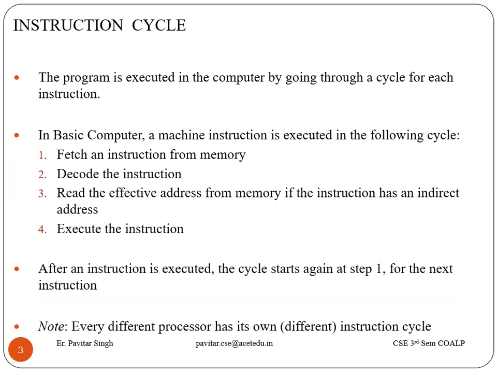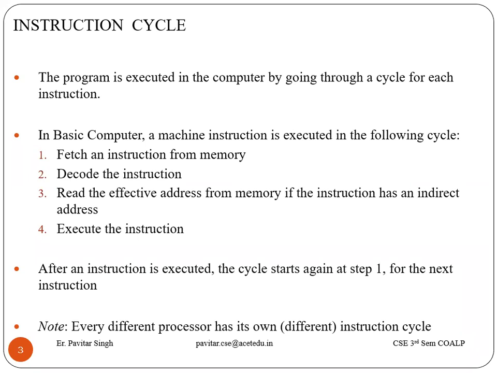First of all, fetch an instruction from the memory. Your instruction will be fetched from the memory. This is step one. Then step two, the instruction is decoded. Next, read the effective address from the memory.